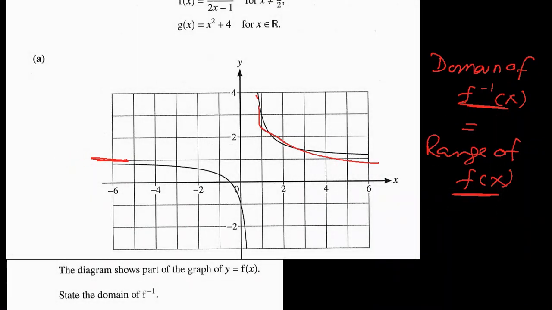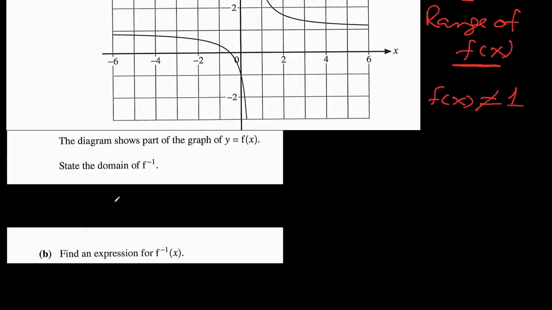That means the range of f(x) will be f(x) cannot be equal to 1. That is the only number where it is not having any value. x cannot be equal to 1. The range of f(x) is the domain of f inverse, but this was y, this is x.